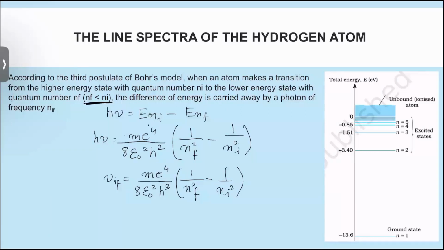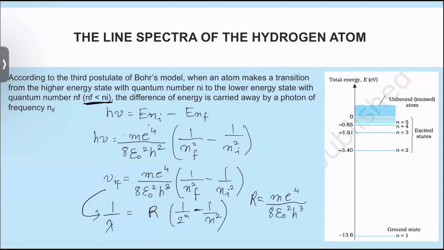If we consider the formula that we had found with respect to Rydberg's formula, or Balmer's formula, with the Rydberg constant, this can be given as 1 by lambda, corresponding to that, with 1 over 2 squared minus 1 over n squared. We can see the similarity. So the Rydberg constant that we considered can be computed using these variables.